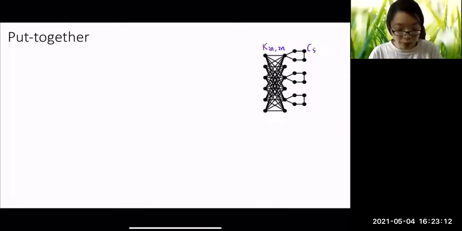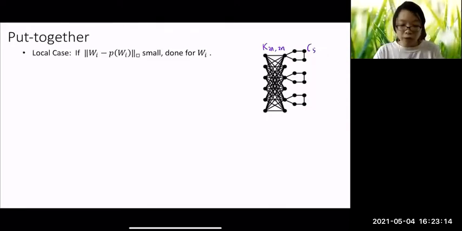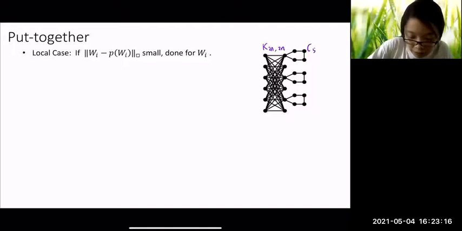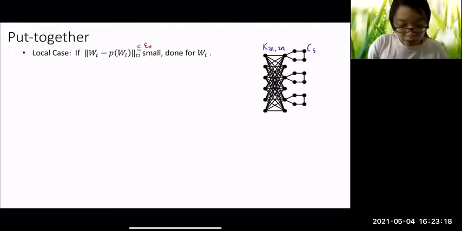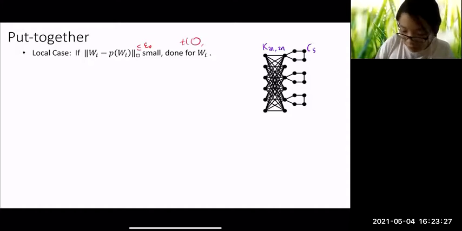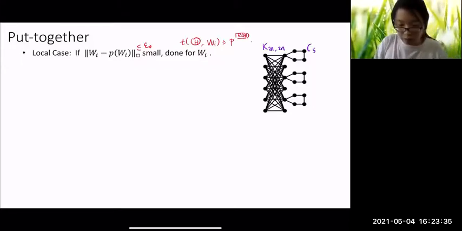So now let's try to put things together. In the local case, we find an epsilon such that if the cut norm of wi from the constant graph function is at most epsilon, then we are done. Basically it means whatever graph this is, wi is at least what we expect. So we are done in the local case.